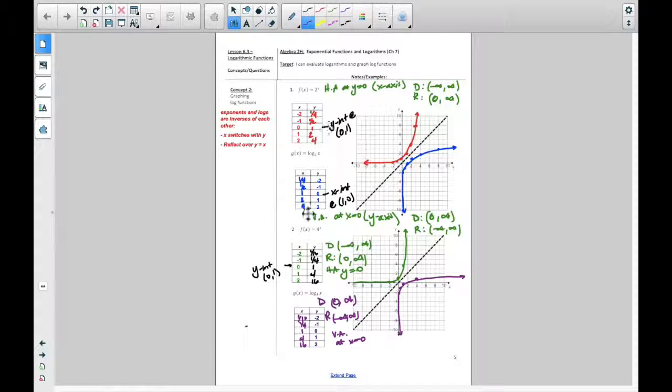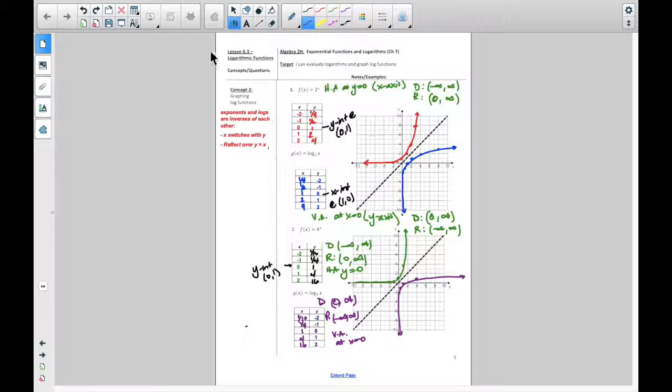The x will go to the y, and the y will go to the x, the domain and range switch, etc. But it will have a 1, 0 starting point, and then go up from there and down from there. But look how similar they are as far as the base 2 compared to the base 4. All right, if it was a base 10, it would be even closer.